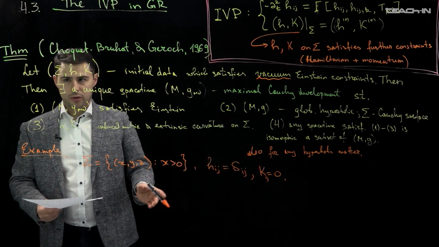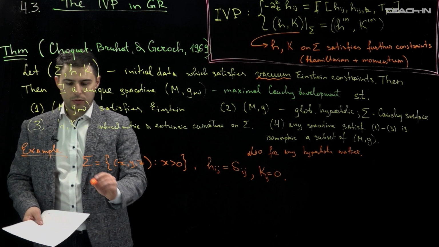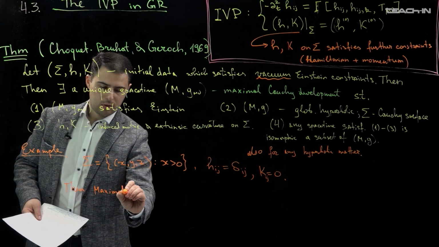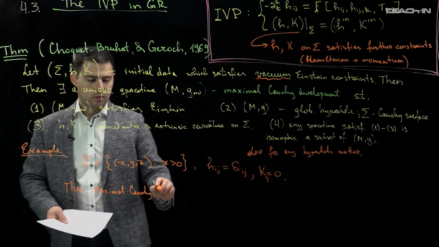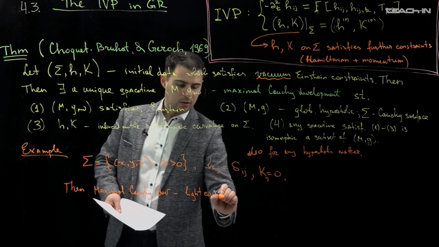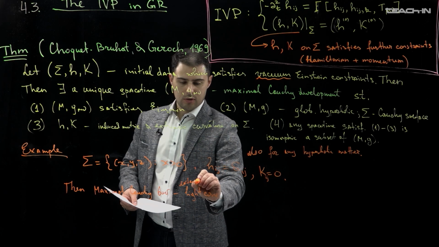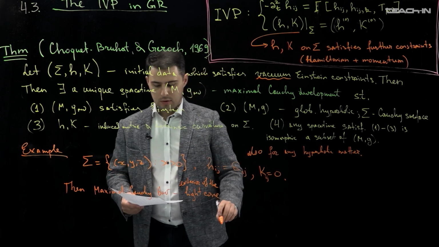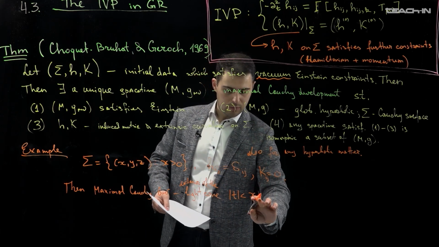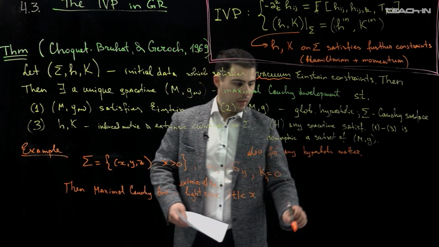So, of course, the maximal Cauchy development of this data would be the exterior of the light cone.